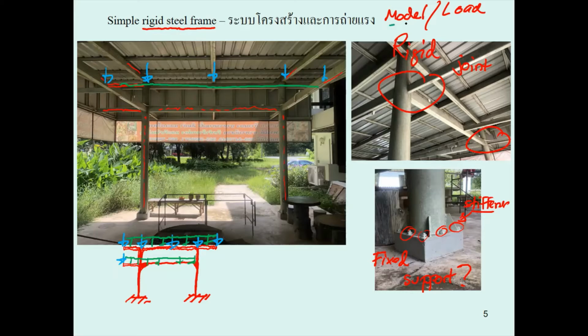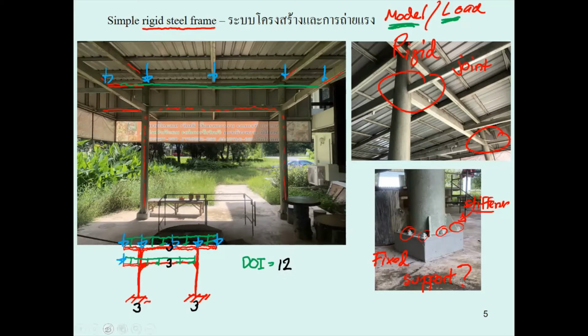Okay, now you get the model, you get the load, and you can see this structure is going to be a statically indeterminate structure. And for the analysis of this, you may see you have 3 for the fixed support, 3 for the fixed support, 3 for the force and moment internal of the beam. So you have a total of 12 unknowns.